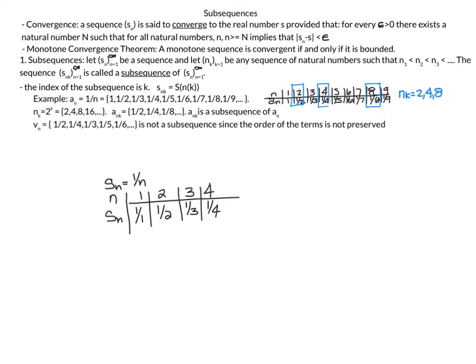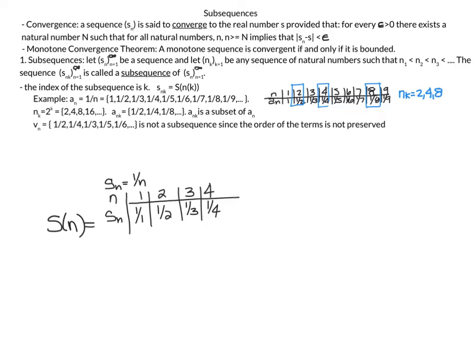The way I like to think of this notation Snk, when we have a sequence, we might use a formula. So we might say S sub n is equal to 1 over n. So really what we're doing is for each value of n, each natural number, we have this function from n to our Sn. We had discussed this when we were talking about sequences.